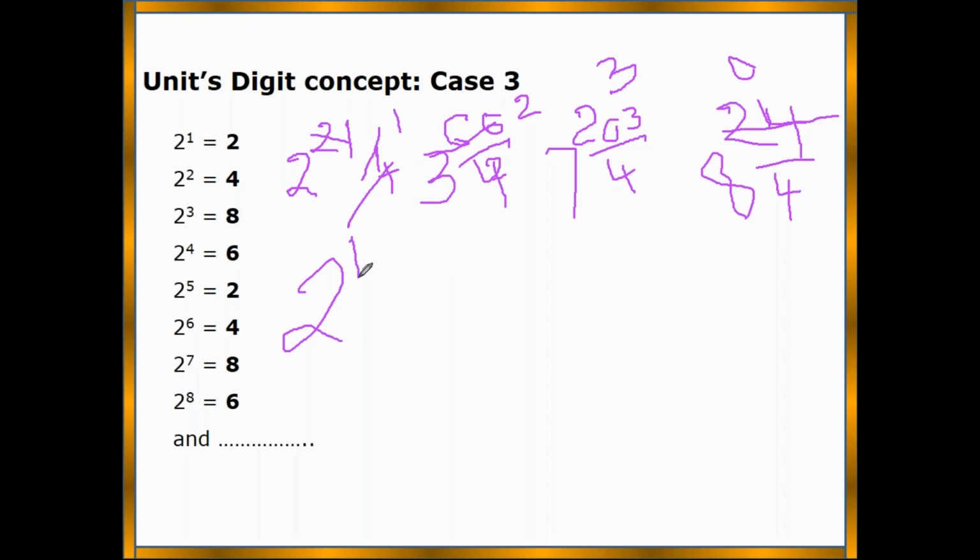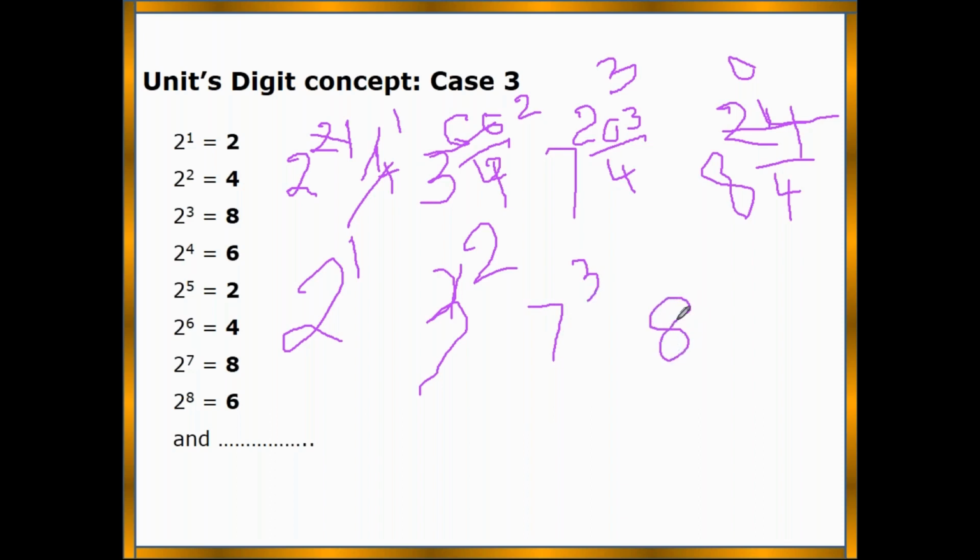If the remainder is 1, the whole power is replaced with 1. If the remainder is 2, the whole power 66 is also replaced with 2. If the remainder is 3, the whole power 203 is replaced with 3.